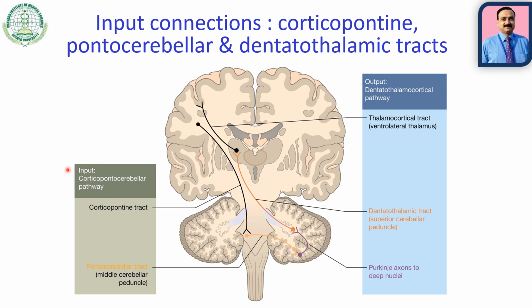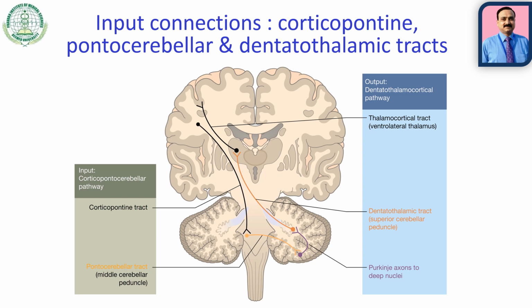You can make out here, this is the corticopontocerebellar pathway. The corticopontine tract goes from the cerebral cortex to the pons, and then to the pontocerebellar tract. This is the corticopontocerebellar input pathway, and the pontocerebellar fibers pass through the middle cerebellar peduncle.